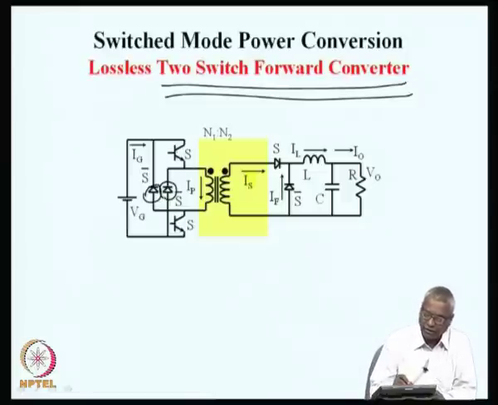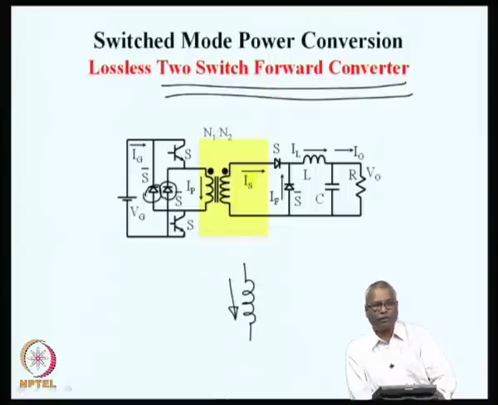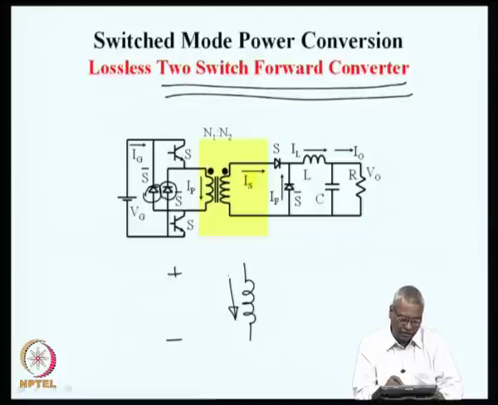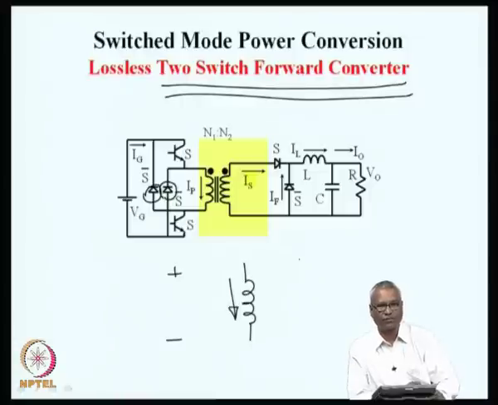So, when the switches S are on, initially the transformer is supplied power from plus and minus Vg, and the magnetizing current is building up on the primary, secondary voltage is induced, and then the secondary part works as before.